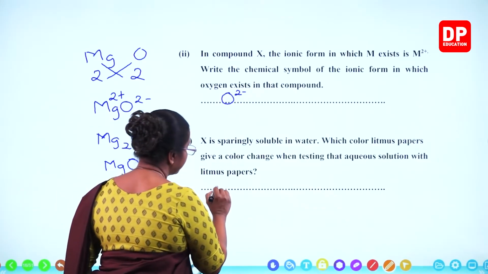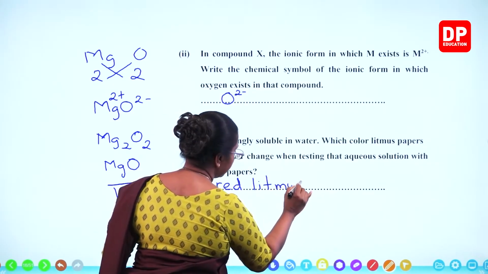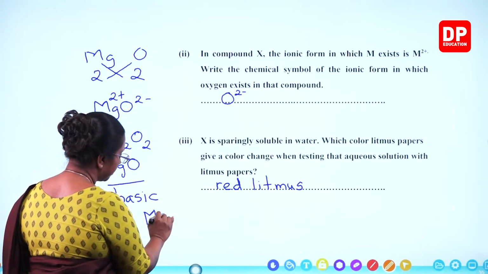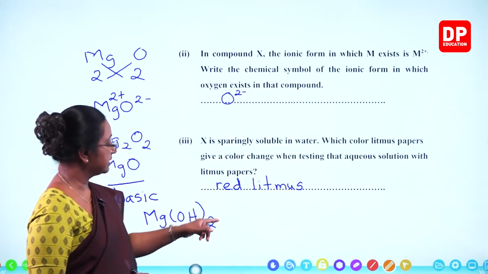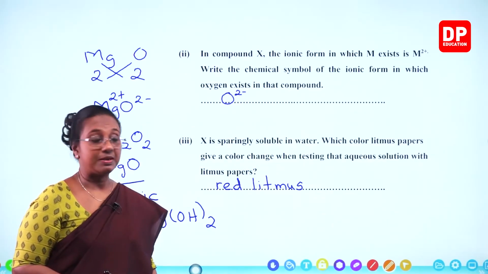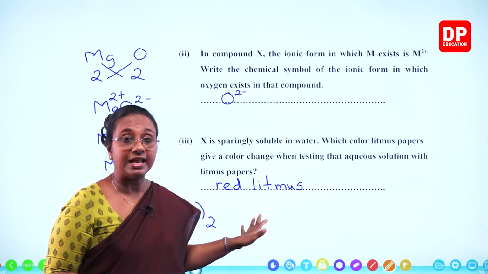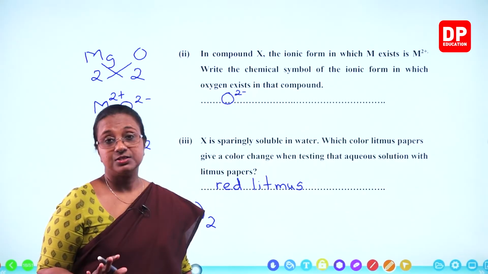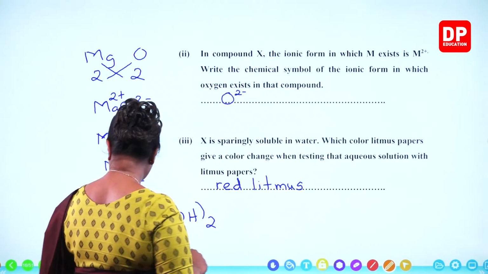So here we have to say red litmus. Because MgO, when you dissolve it in water, you get magnesium hydroxide. That is a basic substance. So you need to use red litmus paper. Here they have not asked for the color change. So we don't need to write that. You only need to write the litmus paper. Is that clear, student? So with that, I'll move on to the next slide.